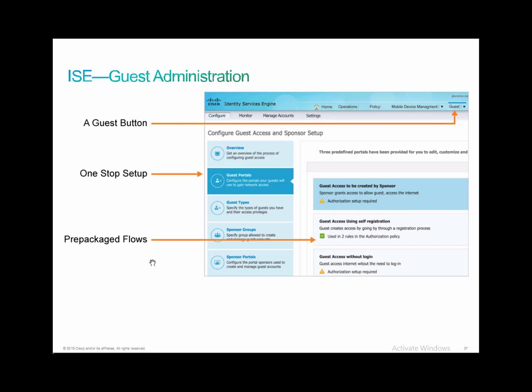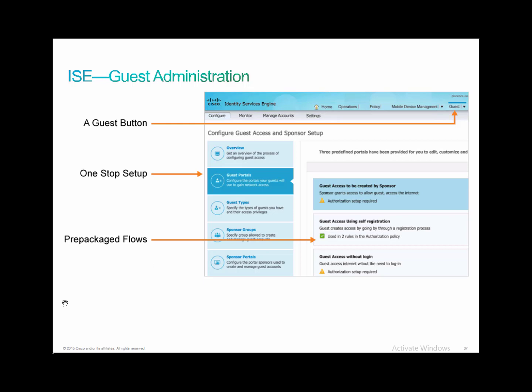There's an MDM portal for mobile device management systems, so that enables employees to enroll their mobile devices to an integrated external MDM system. And then there's a My Devices portal. That's going to enable employees to add and register personal devices, including ones that don't support all the native supplicant provisioning that we talked about previously. So there's a lot of different options.